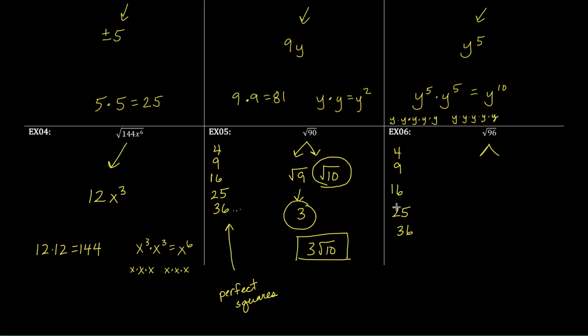For instance, 96 divided by 16. Oh, it's 6. So that's the square root of 16 times the square root of 6. The square root of 16 is 4. For the square root of 6, I can't pull out a perfect square, so I'm done. So it's 4 square root of 6.